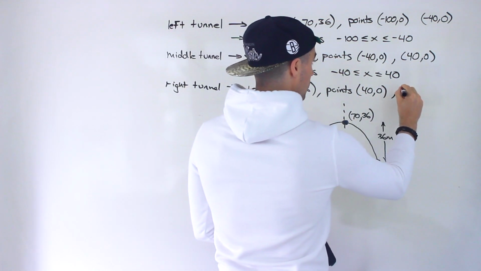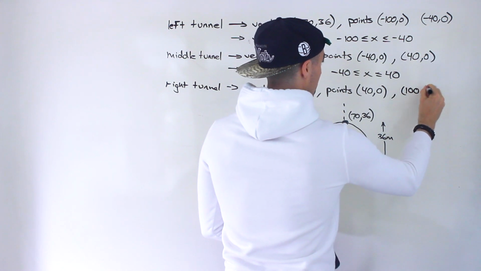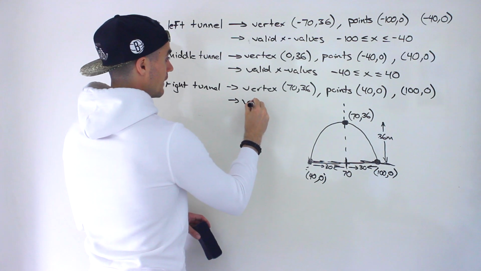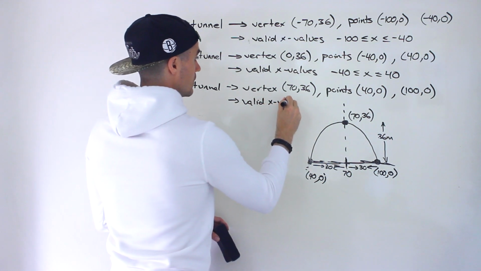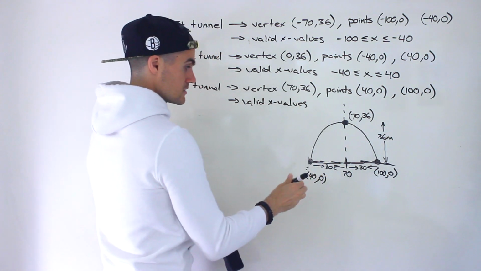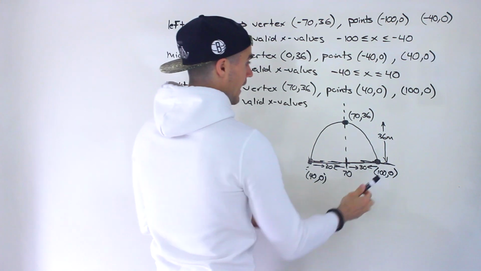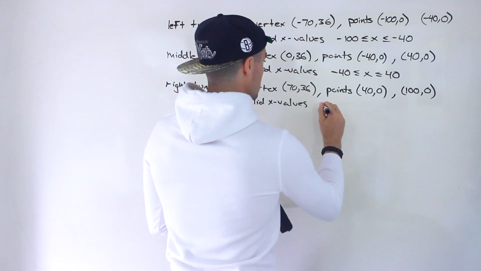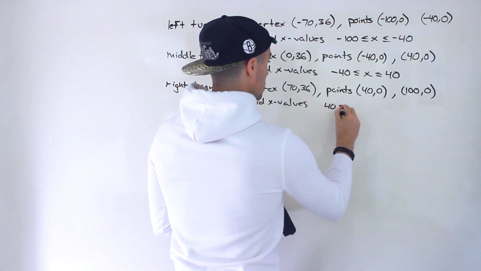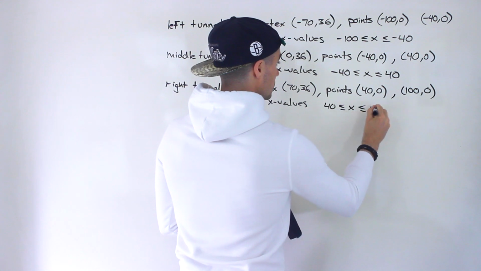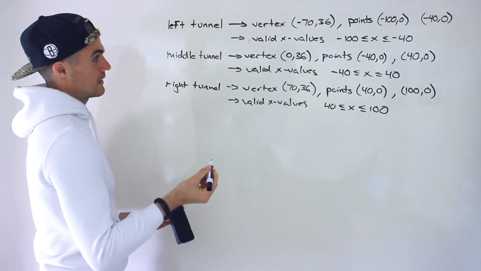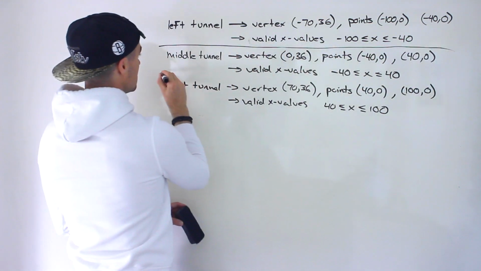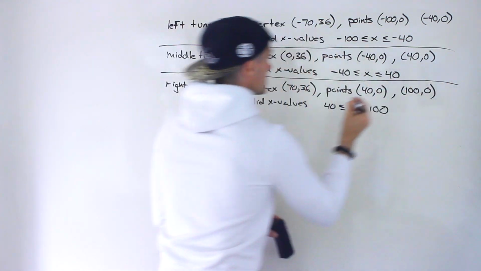And then we also have the point 100 and 0. And then for the right tunnel, what are the valid x values? Well, notice that the x values can be between 40 and 100. Right, so we would say the valid x values greater than or equal to 40, less than or equal to 100, like that.